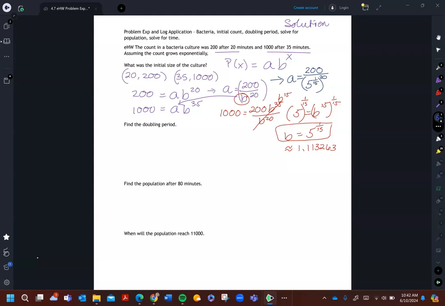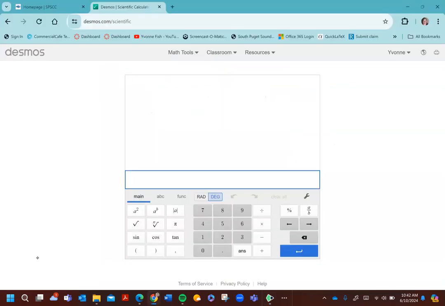I'll go ahead and pop that into Desmos. So I would have 5, and then I would have my 1 over 15.